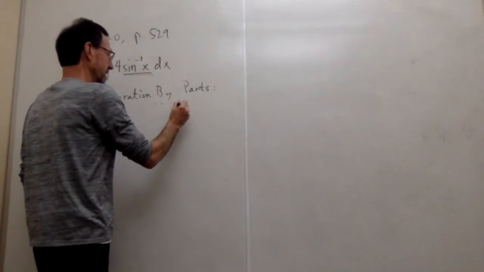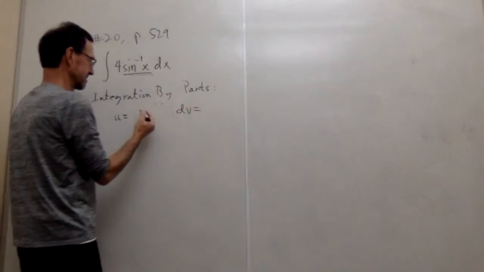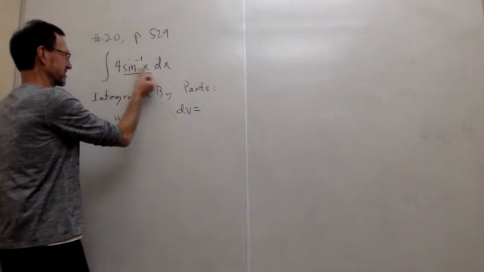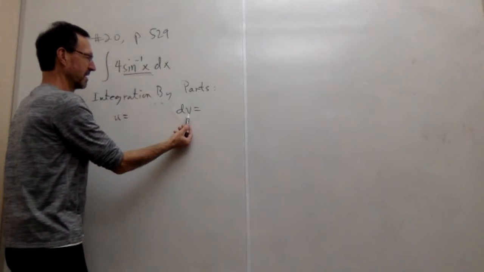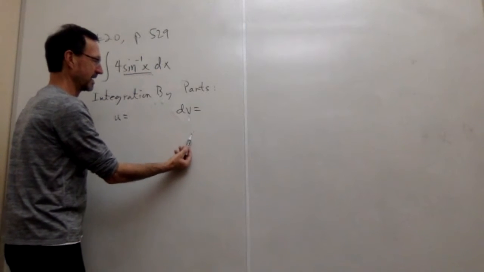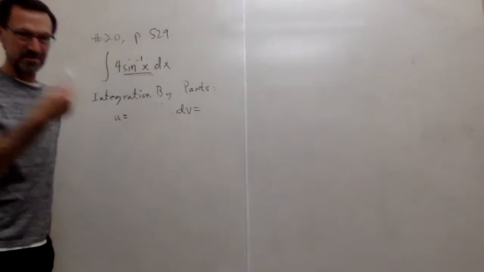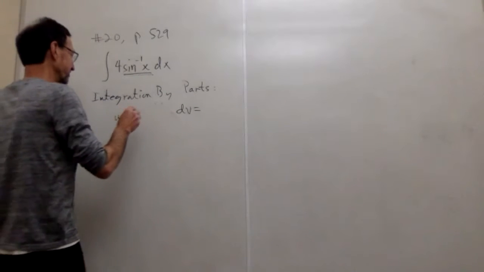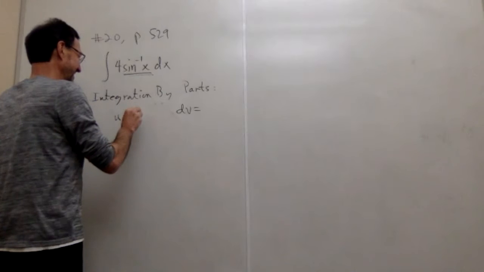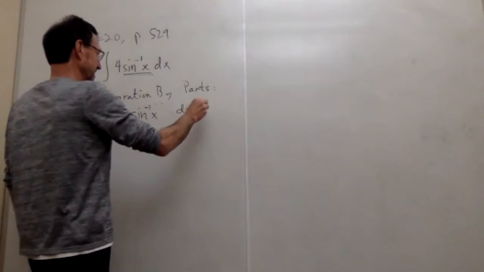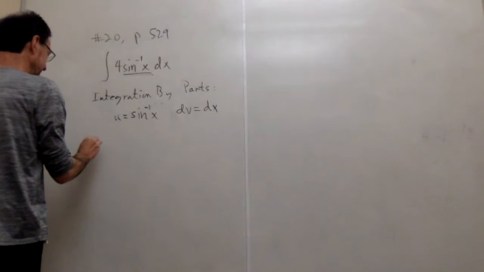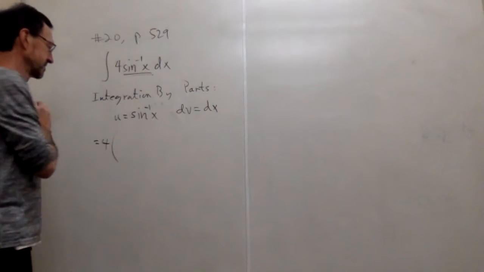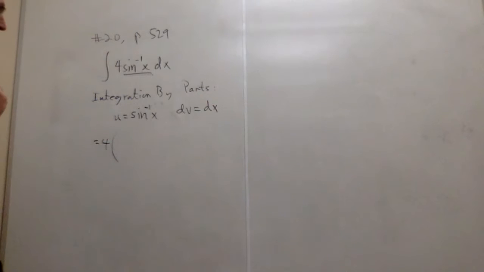I can't put it on the dv, because finding v would require the antiderivative, and that's what the whole problem is. So there's only one way to do it. Put the inverse sine over here as u, and we'll put the dx over there as dv. And like I said, we're going to just bump the 4 out right here. So there goes the 4.